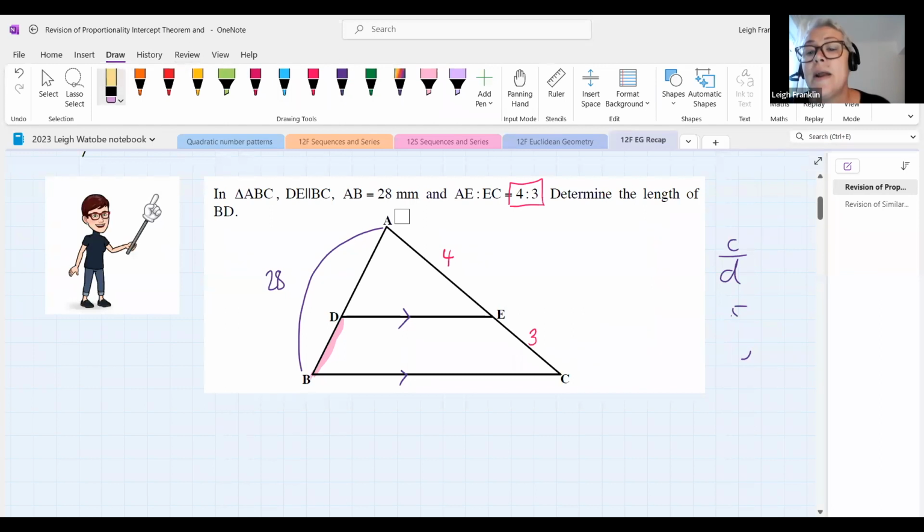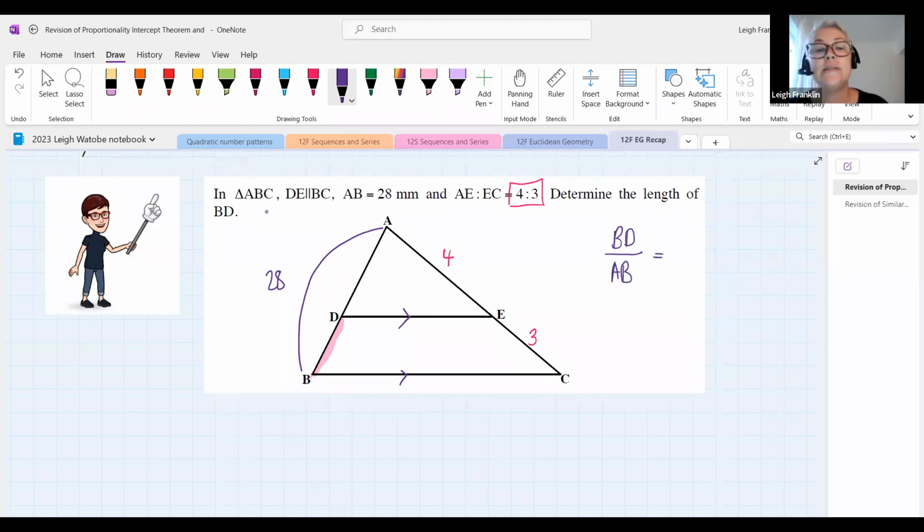Okay, let's just rub that out because we need space to write. What I want to try and do is use BD straight away. If I take BD and put it into my numerator, I can't work with AD because I don't know the length of AD, but I do know the length of AB. So that is also a known.